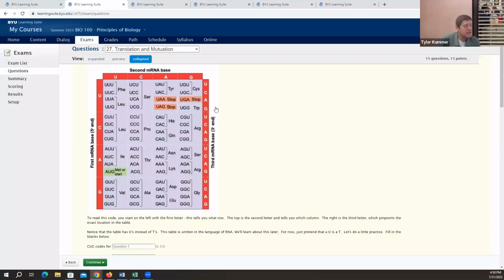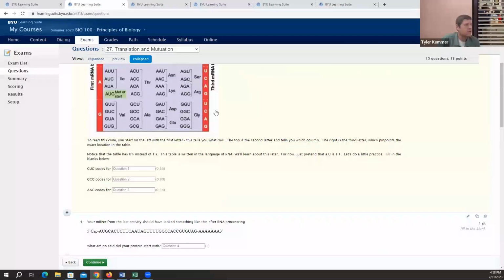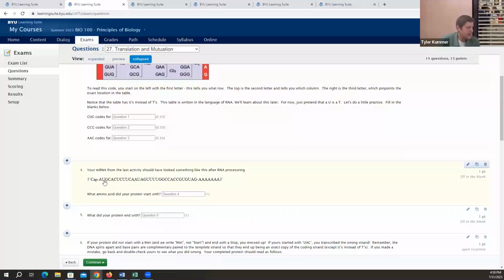The last set of mutations that you'll need to know is called frame shift mutations. So if we were to have our chain here, AUG, CAC, UCU, and we went along, we would be having those amino acids read every 3 letters. A frame shift mutation happens when we have an insertion or deletion.